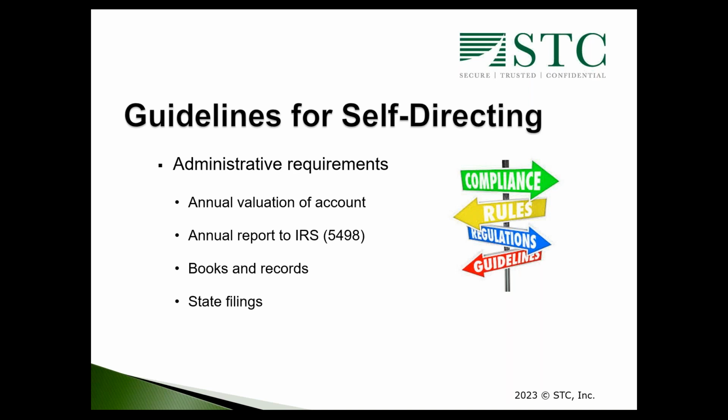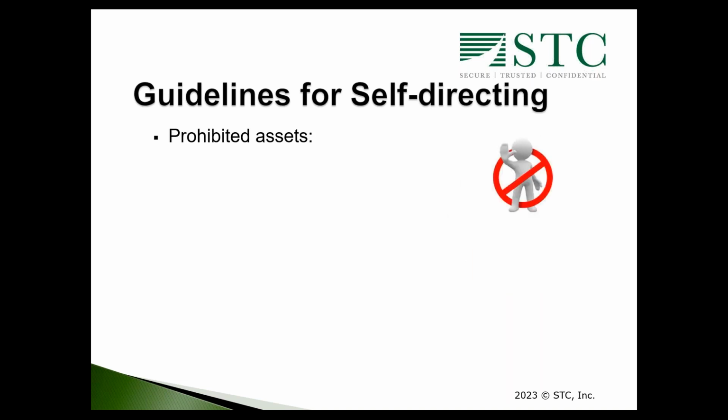Sometimes state filings are required depending on what you own and where you own it, and on occasion, tax returns could be required. That is pretty limited, and it does come into play with UBIT and UDFI, which I am going to discuss in a few moments. So these are all guidelines, administrative requirements that must be followed for a retirement account.